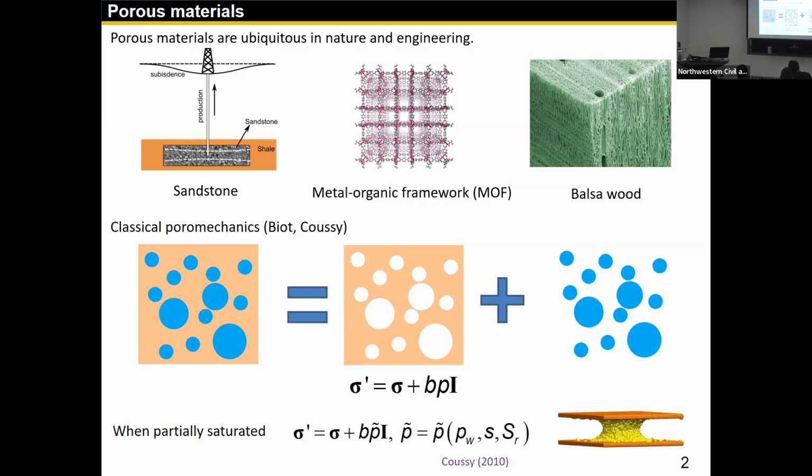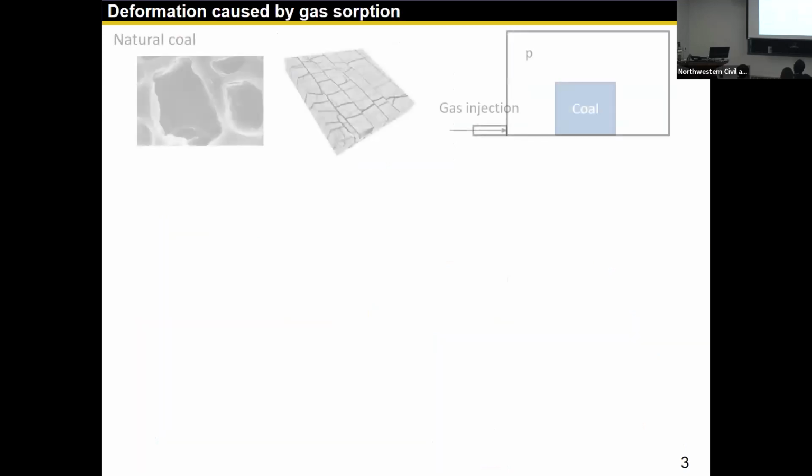If the pore becomes partially saturated, then we can model it by changing to an equivalent definition of pore pressure as a function of suction or saturation to capture the additional effect of the tension induced by the formation of water menisci. From that, we can capture the volume change of porous media during drying and wetting.